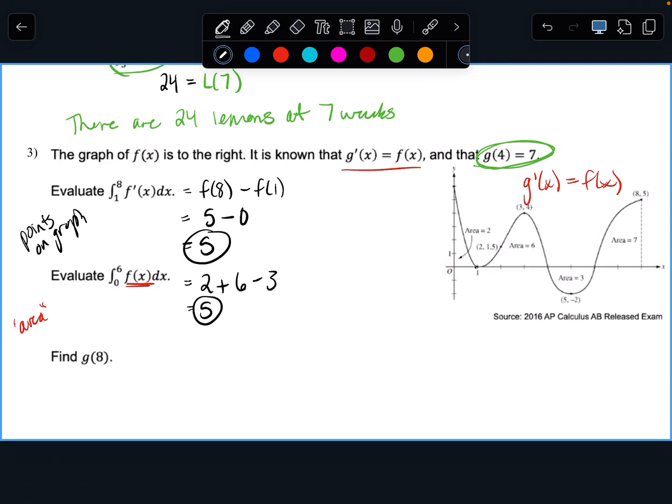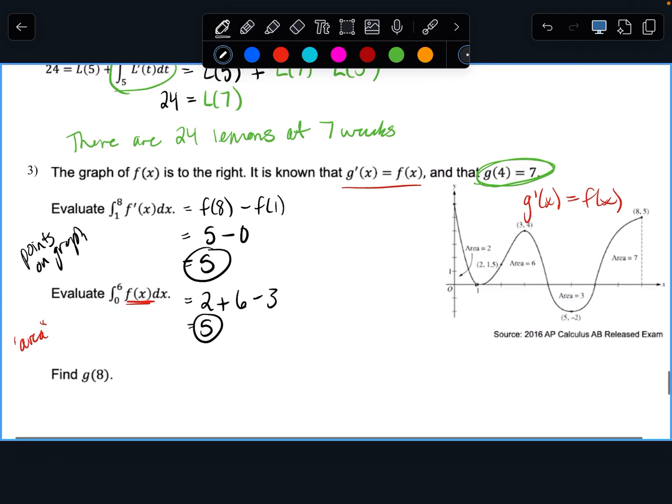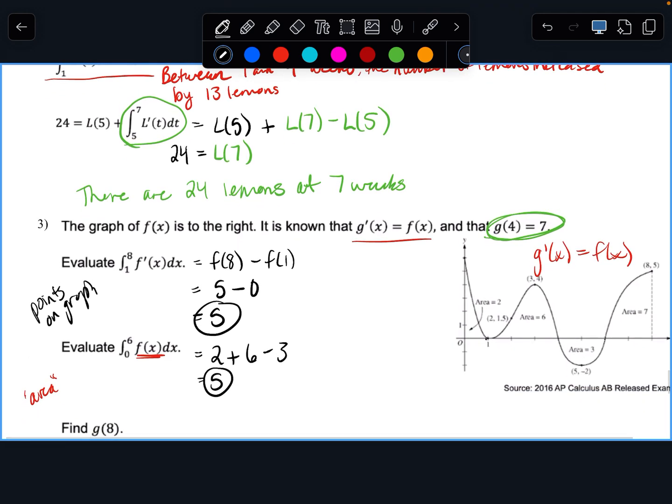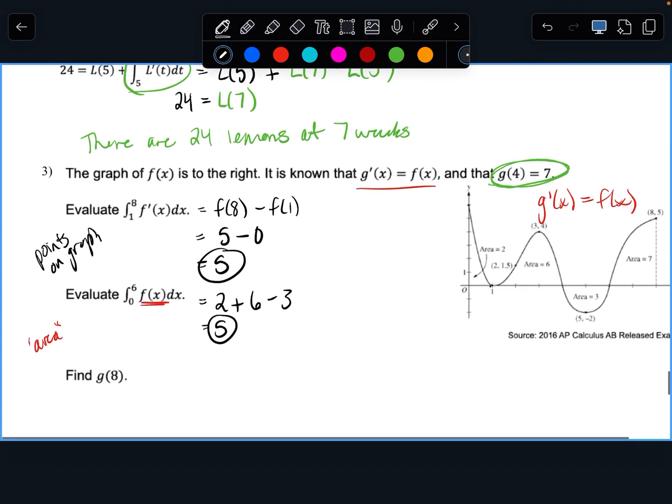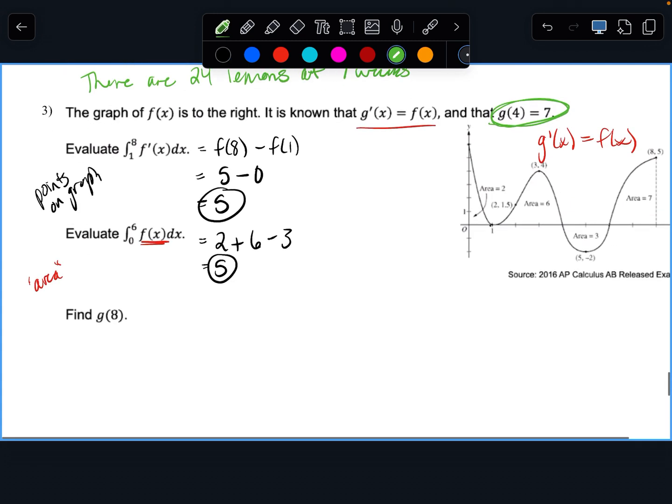Now if I want just straight up g of 8, so again, I just want a plain number, just like here. This would give me L of 7. Do you want it by canceling out? So if I want g of 8, that means I have to use that initial condition for this one. So g of 8 would be your initial condition 7 plus integral, and you have to start at 4.